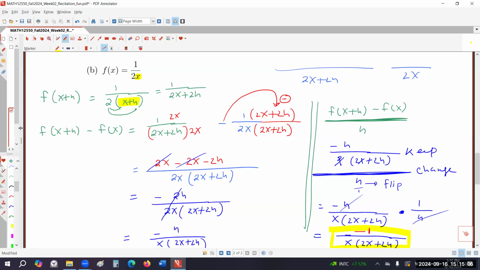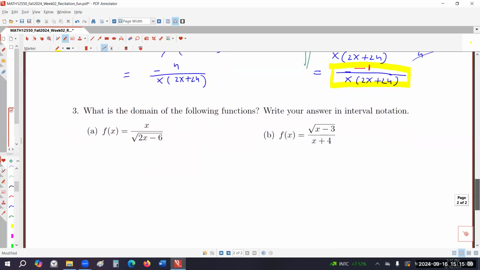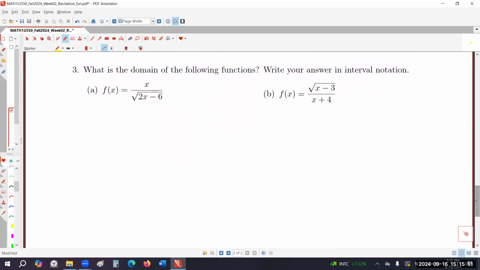Okay, the last question is about domain, and domain is what x values you're allowed to substitute in the function. So depending on your function, you observe what's wrong with the function. Let me go over B because it has 2 restrictions. One is on the top, one is on the bottom.